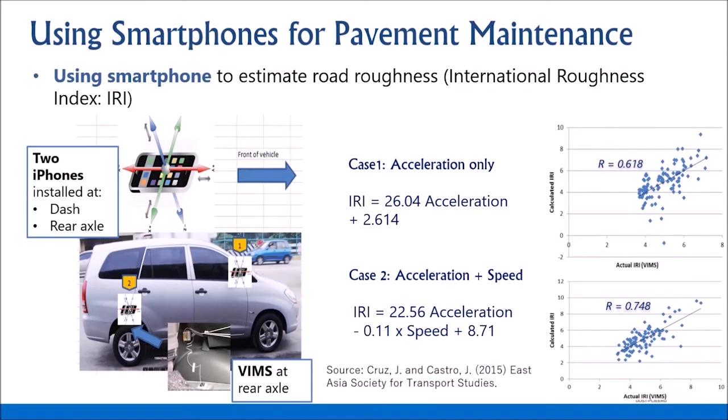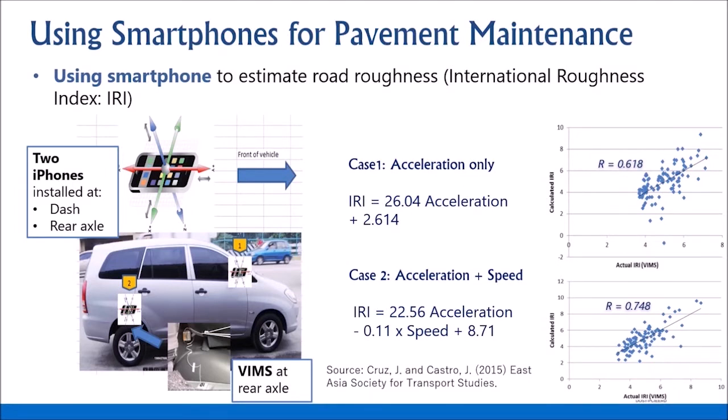And also you can use your smartphones for pavement maintenance. As you know, estimating road roughness is a very costly activity. So the idea here is to use smartphones to estimate road roughness.